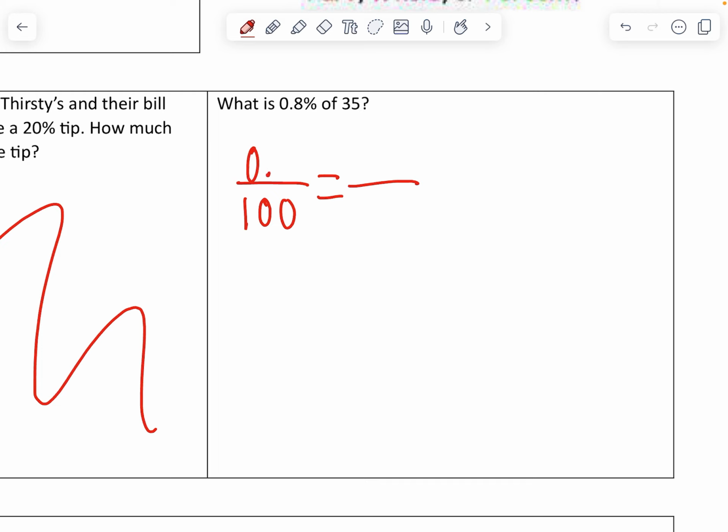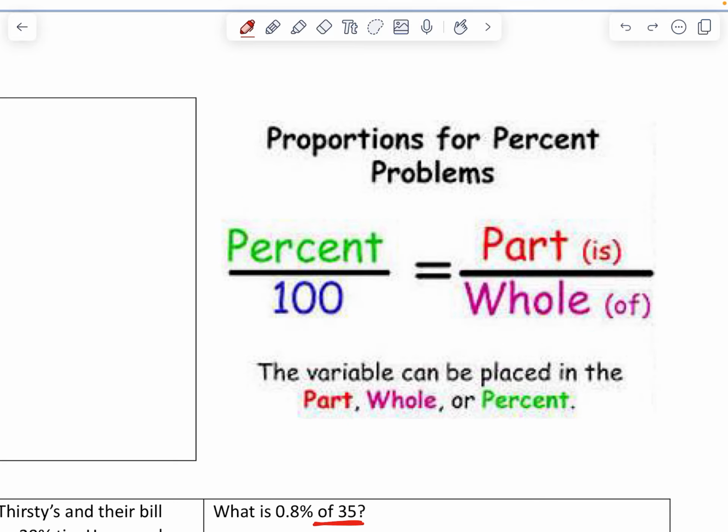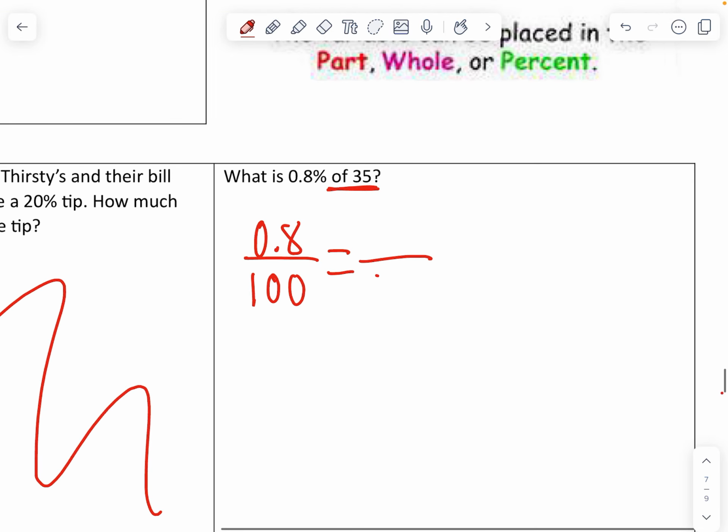So I keep it 0.8. So then 35, I have to decide, is that my part or my whole? So it says of 35. So it's my of, which is my whole. So 35 is the whole, which would go right there, and we're missing our part.